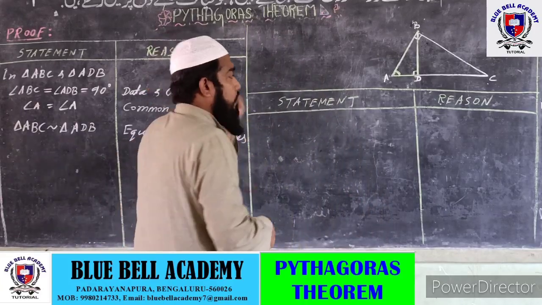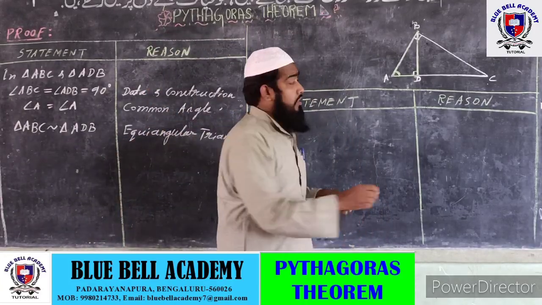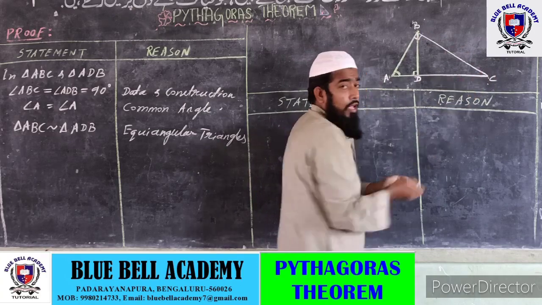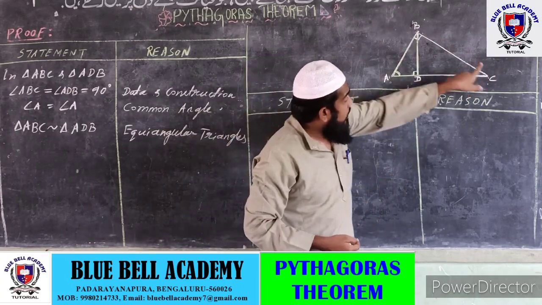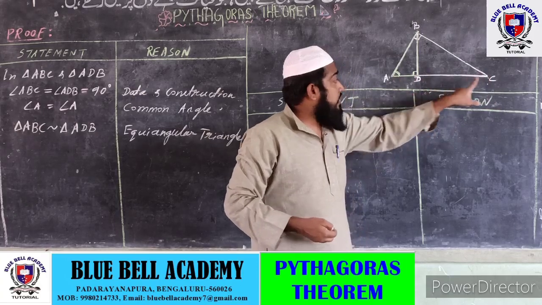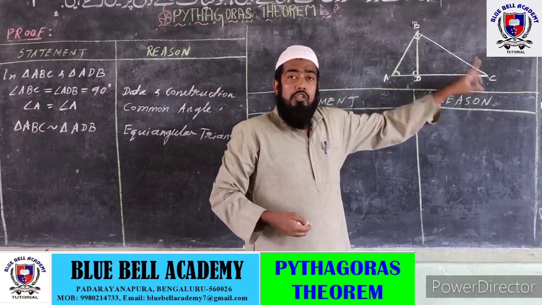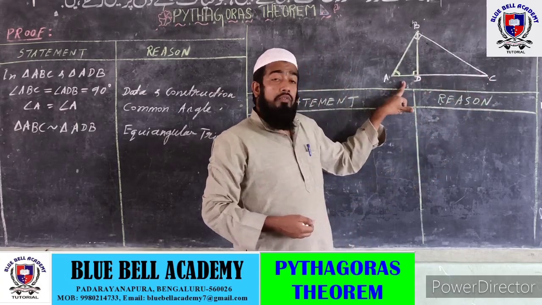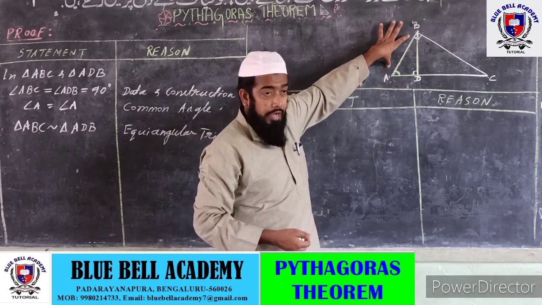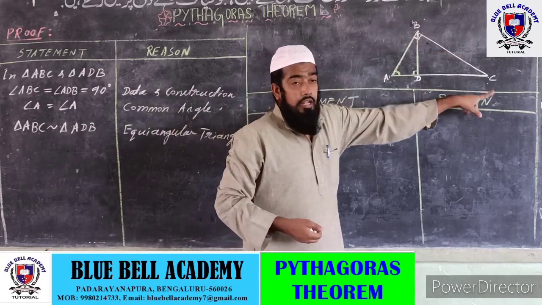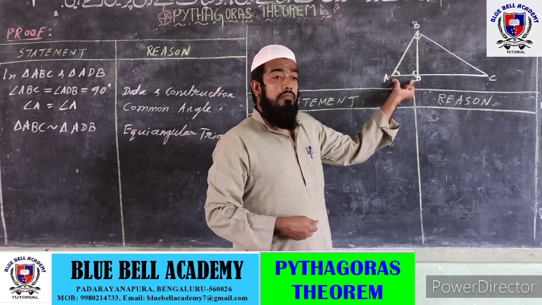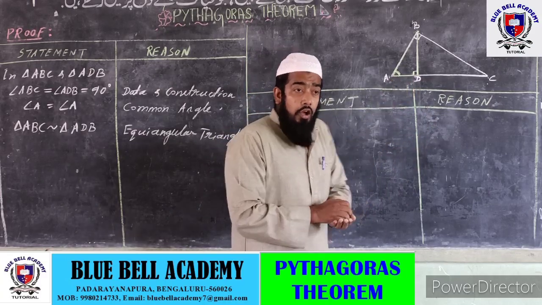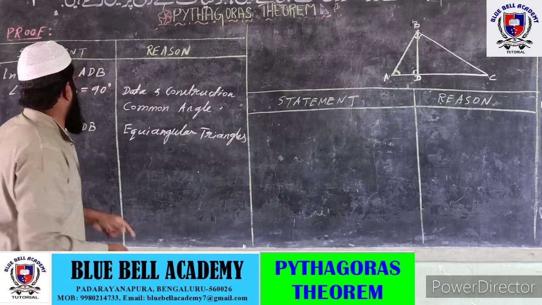You have to remember this trick. If you observe this bigger triangle ABC, you have one shorter side, one longer side, and the hypotenuse. When you are comparing with this triangle, the shorter side of this bigger triangle ABC corresponds to the shorter side of this smaller triangle.